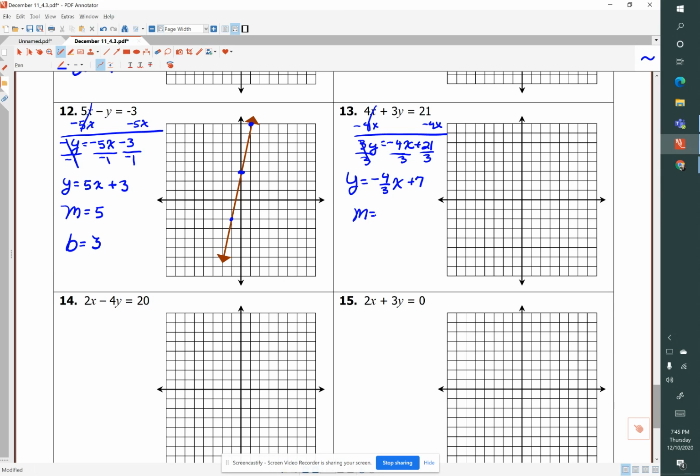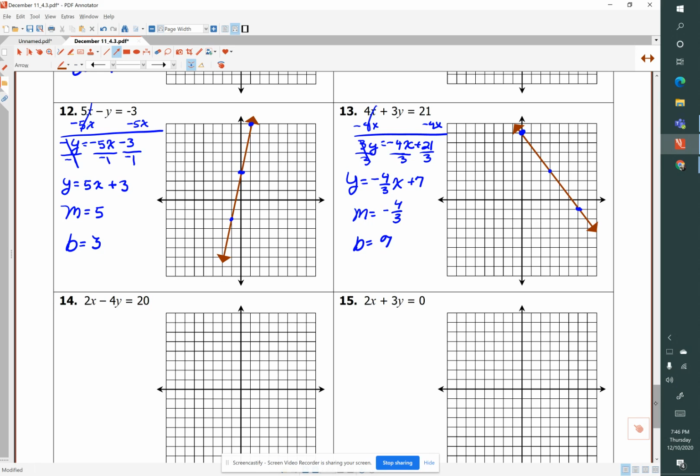So our slope is negative 4/3 and our y-intercept is 7. We'll plot the y-intercept first. And then let's go down 4 and over 3. Down 4 over 3. And we'll plot those points and connect them with a smooth line with arrows at the end.